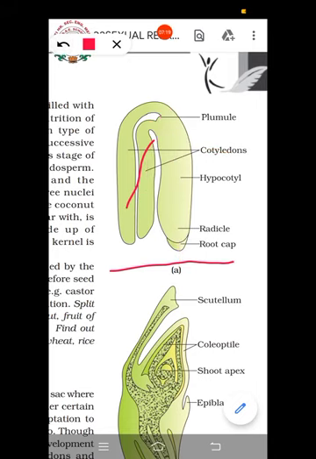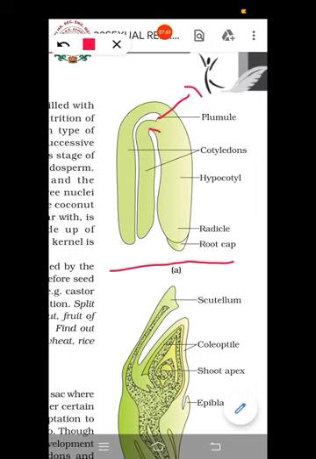So in dicots two cotyledons will be there, and they are attached here. Above this, in some seeds you can see that this part will get elongated first. This part is known as epicotyl, and it will end in a structure known as plumule. It is the part which is above the attachment of cotyledons.